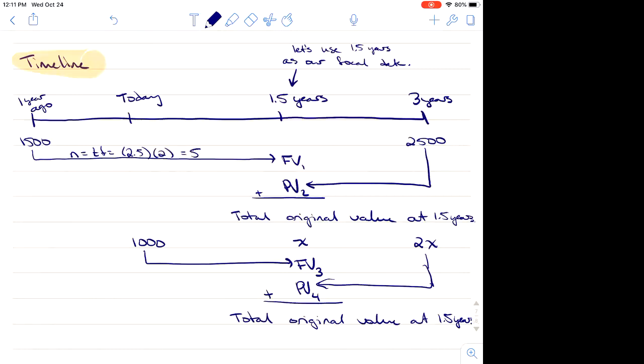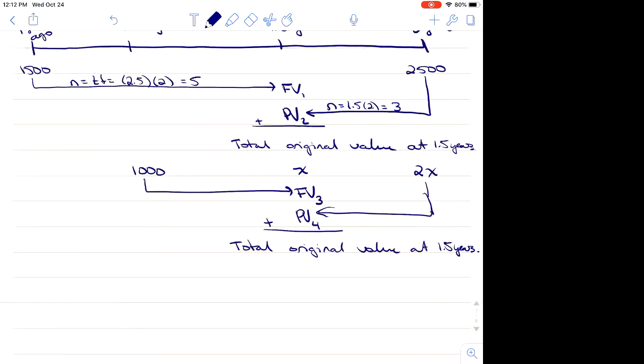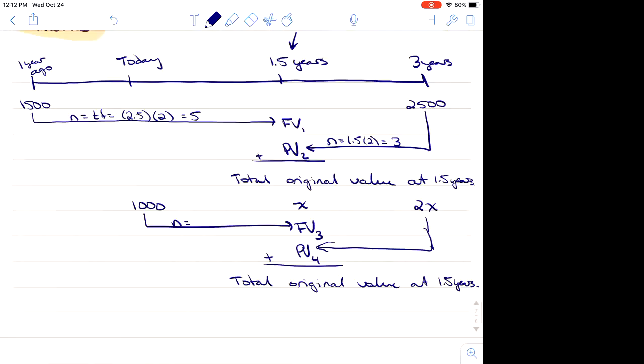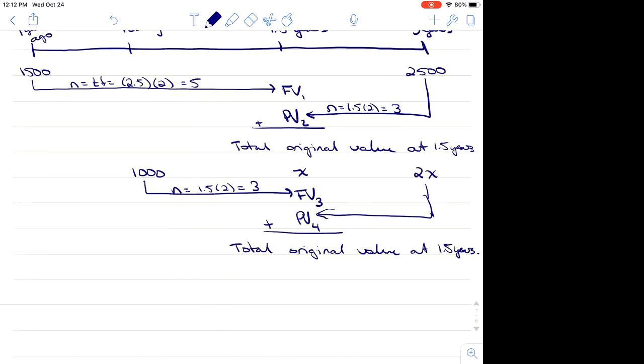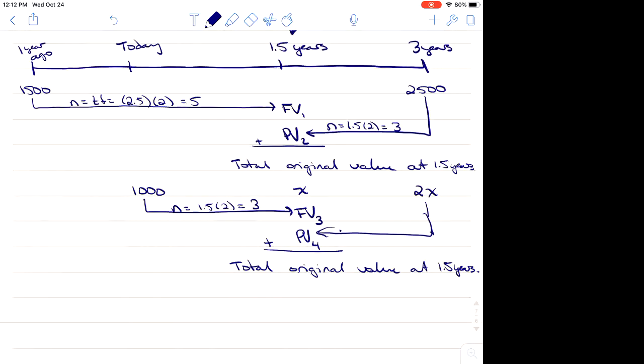For between 1.5 years and 3 years, the length of the arrow is 1.5, right? So n is 1.5 times 2, 3 compoundings. And again, n from today to 1.5 years from now is 1.5 times 2, which is 3 again. And same thing here, n is 1.5 times 2, which is 3.